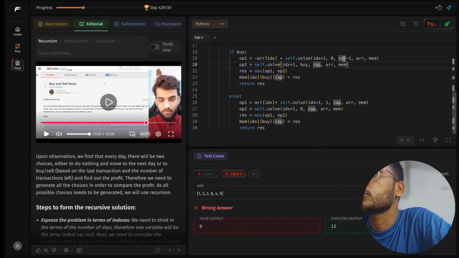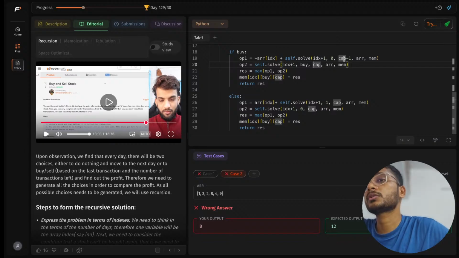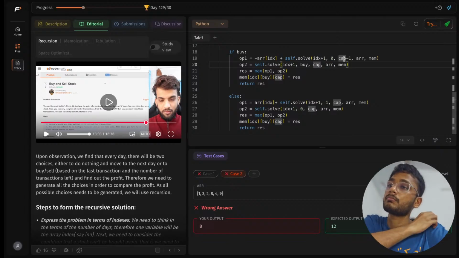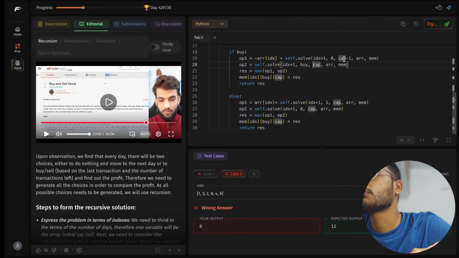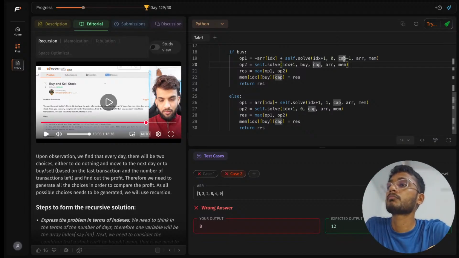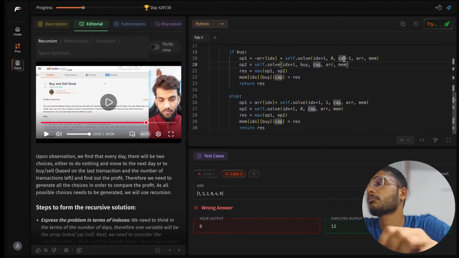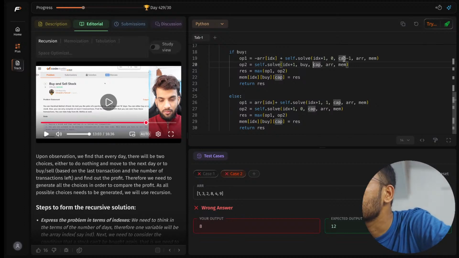When you are making the second transaction, buy will become 0, capacity will become 0 because it's your second buy. Somewhere something went wrong.